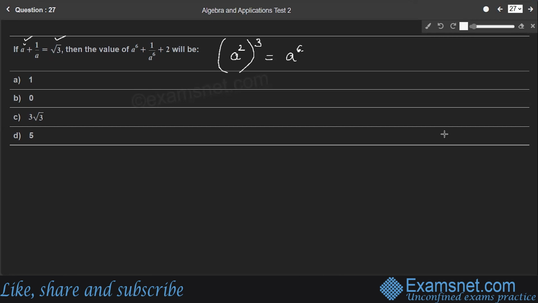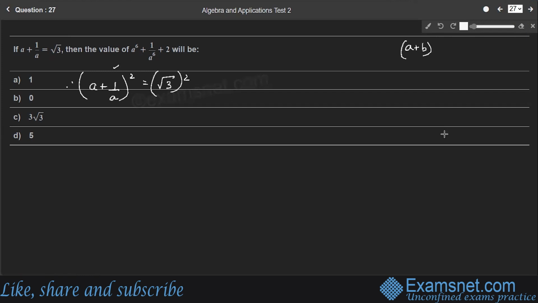So very simple concept. How to raise the power of a to 2? By squaring both LHS and RHS. Given that a plus 1 by a is root 3, therefore (a plus 1 by a) the whole square becomes root 3 the whole square. Here students, we are using the formula of (a plus b) whole square, a square plus b square plus 2ab.